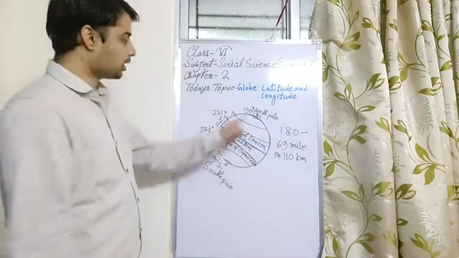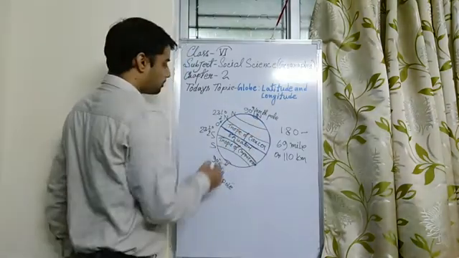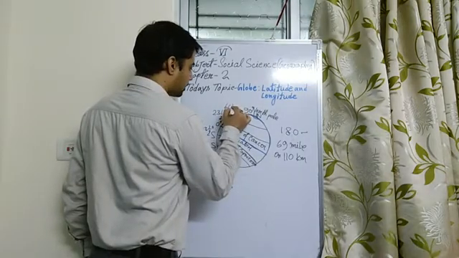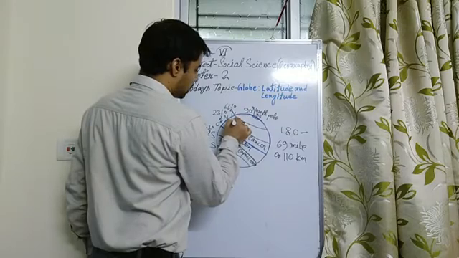Now what are the names of the next two latitudes? At 66.5 degree north, it is called the Arctic Circle.